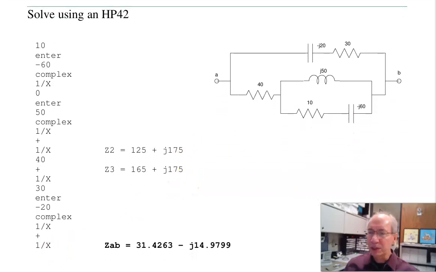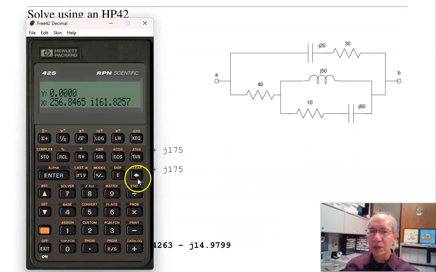Let's repeat with an HP42. So here what I would do, I would take 10 minus j60, 10 enter negative 60, complex, in parallel with j50, inverse, 0 enter 50, complex, inverse, add, inverse, in series with 40, in parallel, so I take the inverse, 30 minus j20, 30 enter 20, complex, take that inverse, add, inverse.